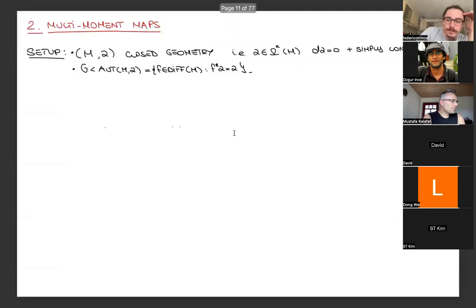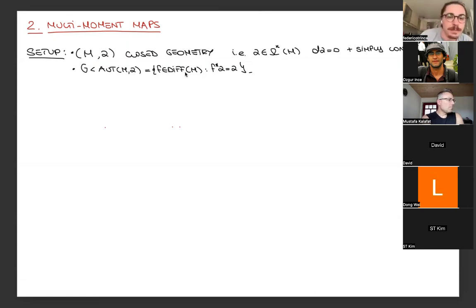So the setup for my multi-moment maps is the following. I have a closed geometry, which is just a manifold with a closed k-form α, which I'm going to assume to be simply connected for simplicity. And I pick a group G in the automorphism group of my manifold, which essentially is the symplectomorphism group, but with respect to my k-form α.